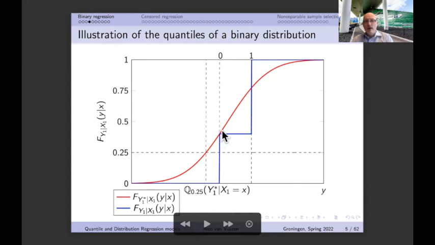If we go in that direction, it's going to become positive, and that means we have a jump in terms of the quantile of y1 from 0 to 1. So for the low values over here, the quantile of y1 is equal to 0, but at the moment that we are higher than this value over here, we are going to have a quantile of y1 equal to 1.